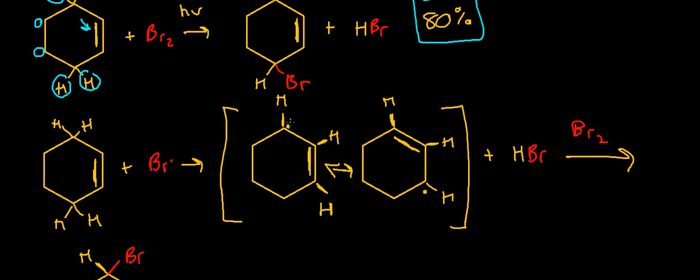There will be a resonance structure stability where the radical will be able to borrow electron density from this double bond, which has high electron density. And this is not one or the other, it's something in between. This is just the best way to illustrate it.